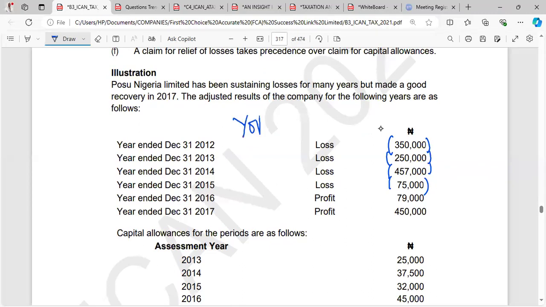Then the next thing to do here is to do the years of assessment like we usually do. So this is 2013, 2014, 2015, 2016, 2017, and 2018.